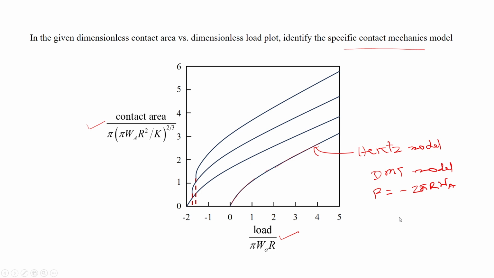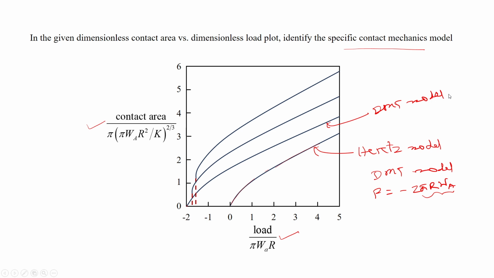Here you see for this particular curve, it goes to the point where the area becomes 0 at this load, minus 2. And of course, this is made dimensionless by this quantity, so P by 2 pi W is minus 2. So, this clearly is the DMT model.